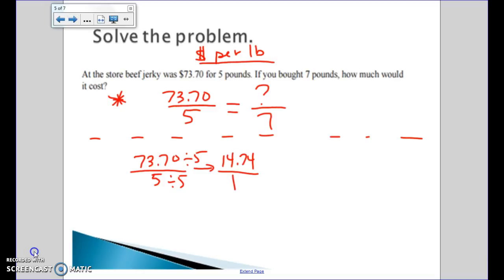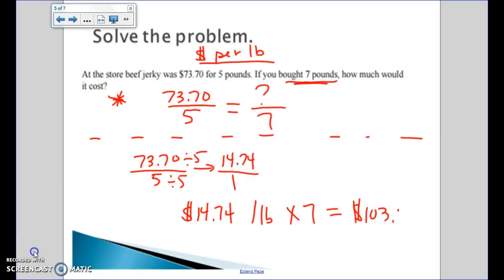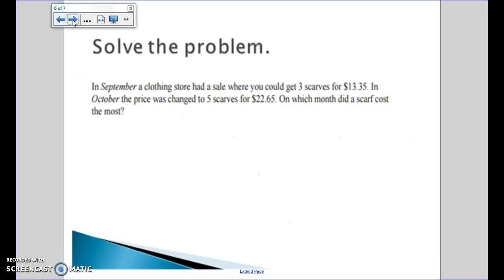But the problem does go on to say, we didn't buy just 1 pound, we bought 7 pounds. So if it's $14.74 per pound, for 7 pounds we would have to multiply that by 7. So when I take $14.74 multiplied by 7, I get $103.18.